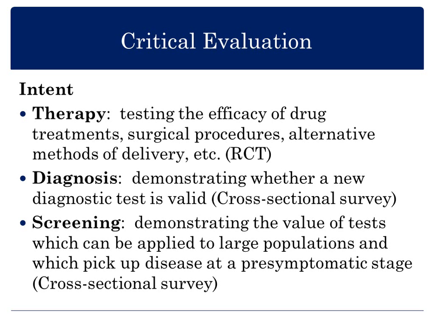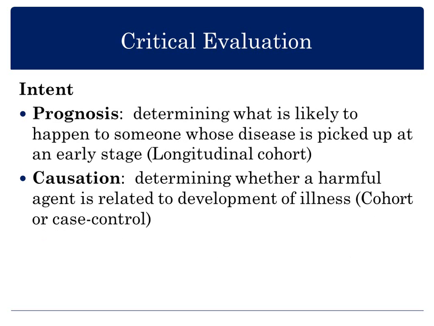There are limitations with cross-sectional studies, so we have to make sure that we understand the intent and how that would affect the conclusions and the limitations in the context. Screening, also cross-sectional. Prognosis, this tends to be what we call a longitudinal cohort study.